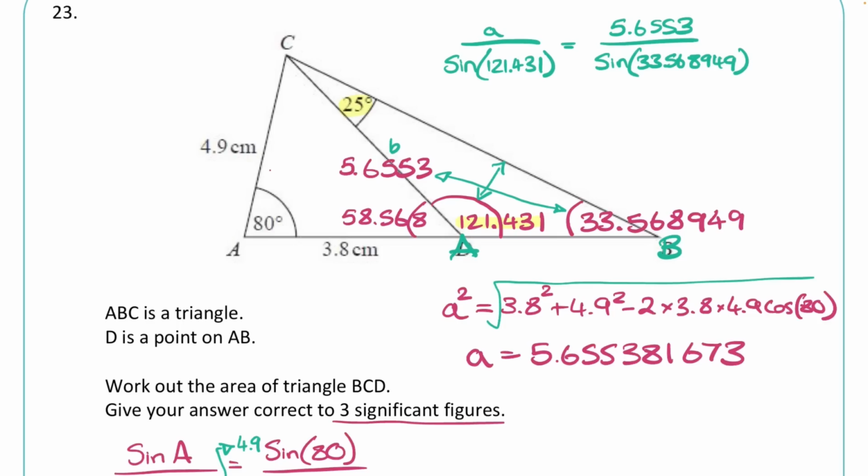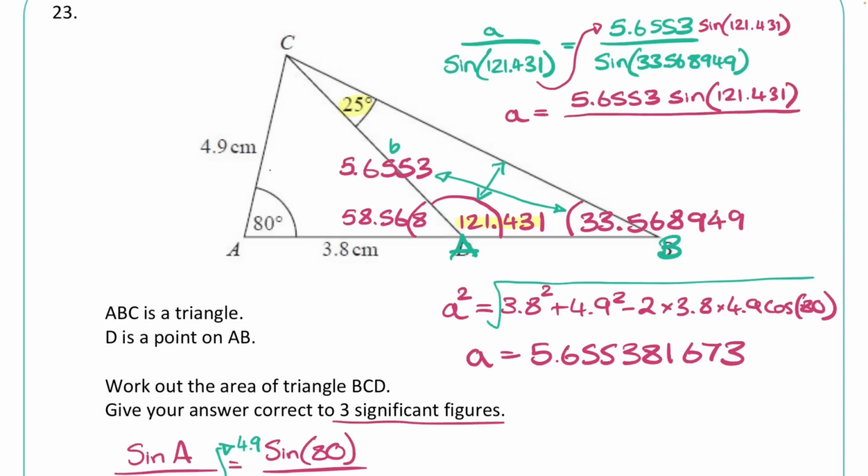5.6553. I have the same step essentially of working out here. I need to move the sine 121 up to the numerator, so that'll go at the end here, so sine 121.431, and that gives me A is equal to 5.6553 sine 121.431 all over sine of 33.568949.